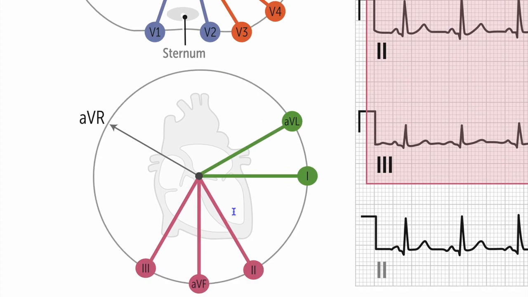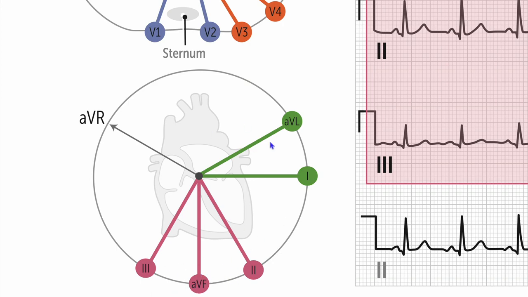Okay, and then you have these leads: aVR, aVL, and aVF. F is for foot, L is for left, and R is for right. So if aVF is involved, it's always going to be something inferior. It could be antero-inferior, it could be latero-inferior, I don't know, but inferior is going to be involved.